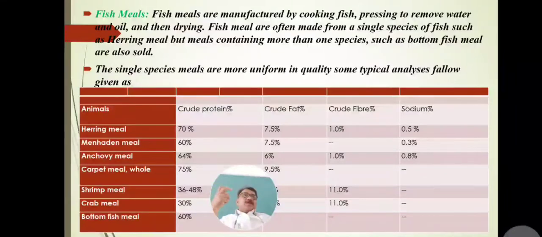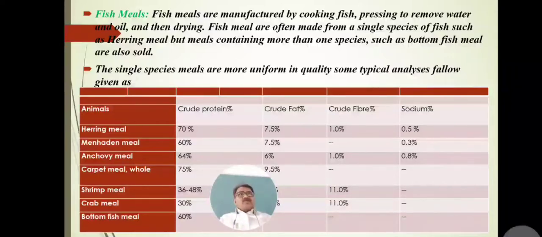The fish meal produced from a single species is uniform and of good quality, because the constituents present in that one animal are easily available and easily used as a diet for aquatic life.